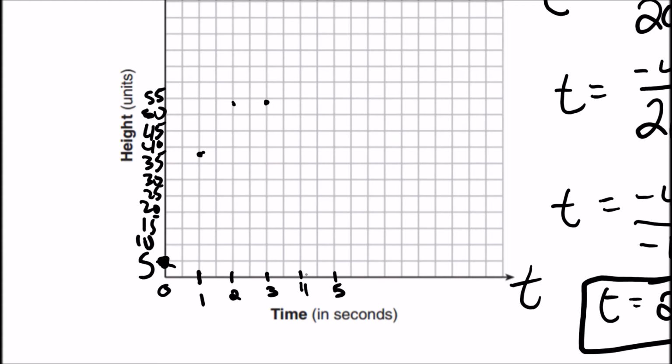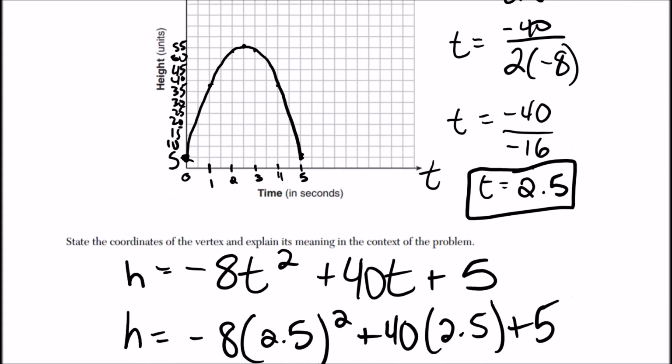Looks a little high, but that's okay. 4, 37. And then 5, 5. And then we want to put our vertex point on there as well, which was that 2.5, 55. So our graph will look something like that. All right, so there's our graph here.